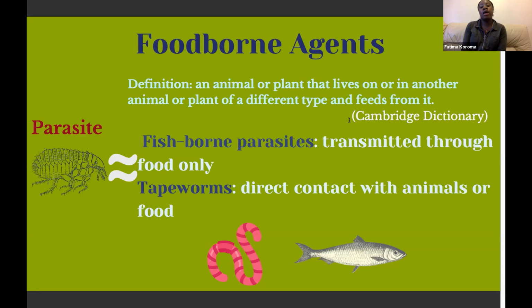So tapeworm sometimes comes through direct contact with the animal. Sometimes people keep chickens or other animals, or pick something that has been on an animal, or crops, and sometimes it is transmitted and you don't know.